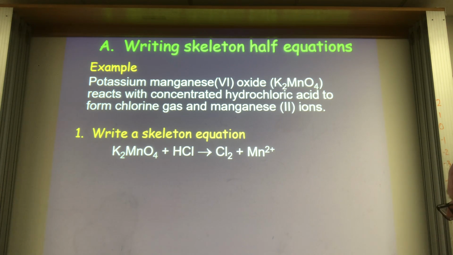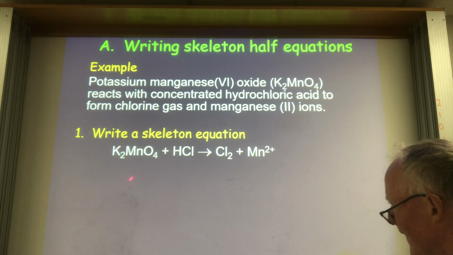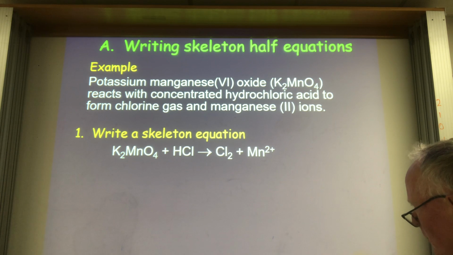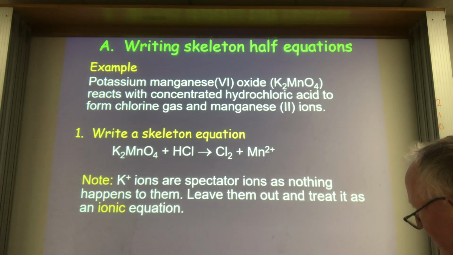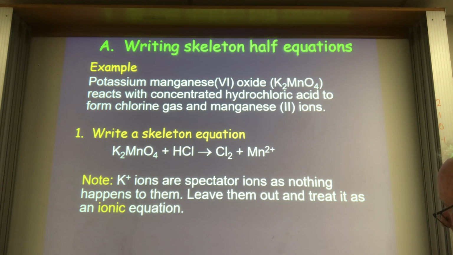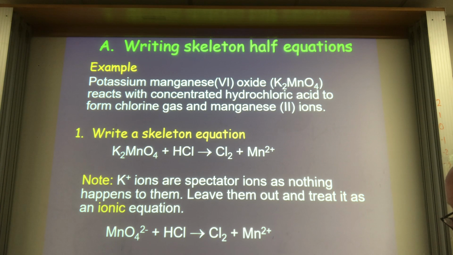Potassium ions in this case are on the left-hand side but not the right-hand side, and they're not part of a product, therefore they're spectator ions. Nothing happens to them, so we leave them out. It becomes an ionic equation. So that's our skeleton equation.